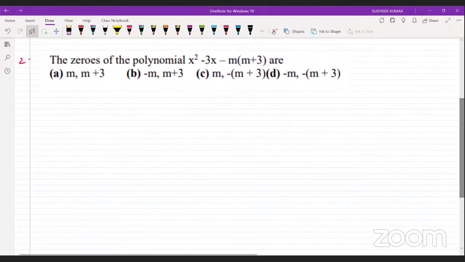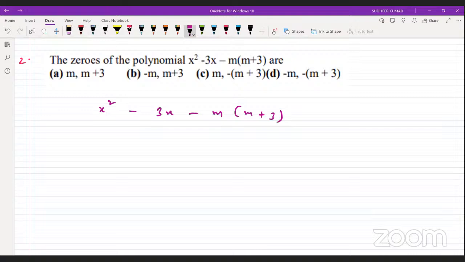So let's make the factors. If you make it as factors, then we can easily get it. So here we can write this as x square minus 3x minus m times of m plus 3. So usually we'll take the product of the x square coefficient and the constant term, minus m times of m plus 3.